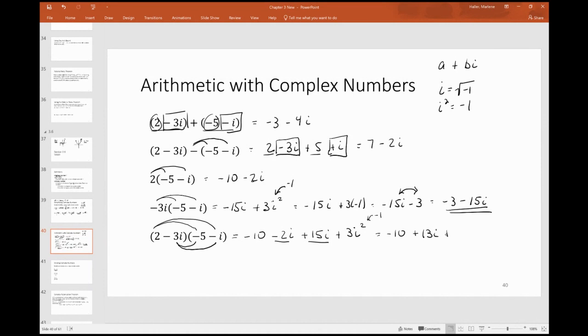Okay, then plus that 3 times -1. So make that substitution there. All right. Now I have like terms that I can combine, and with further simplification here, I can combine the -10 and the -3. So I'll have -13 plus 13i as my final answer.